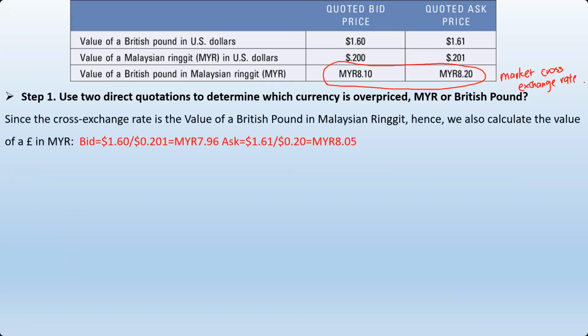It will be crossed. When we calculate the cross exchange rate, the bid cross exchange rate will be the bid price of British pound divided by the ask rate of Malaysia ringgit. So it's 7.96. And for the ask rate, it will be the ask rate of British pound divided by the bid rate of Malaysia ringgit. We need to cross it.